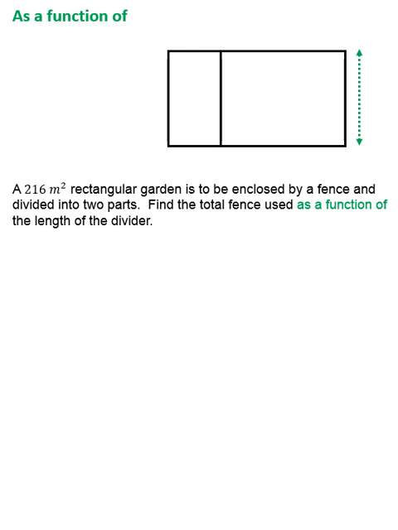what they're asking us to do is to consider a variable length of that divider, call it d, and see if we can still use algebra to find the total amount of fence used. Well, if we want to find the total amount of fence used, we're going to need a different variable for width.